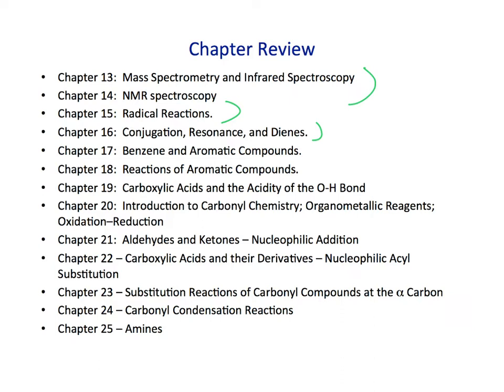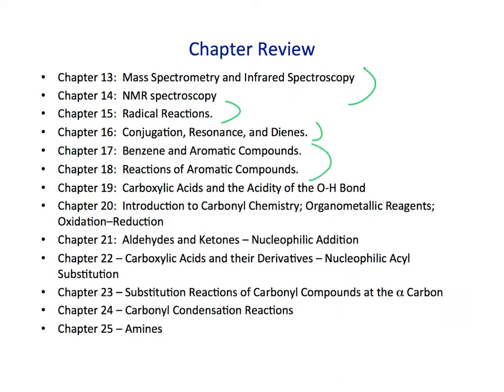Then we talked about reactions of dienes. So remember, we had the Diels-Alder reaction. We had the addition of, say, HBr, HCl to dienes, where we could generate either kinetic or thermodynamic products, right? So you should know about that. Of course, I'm going to go through this list and tell you that you're supposed to know about everything, but I'm just pointing out a few things.